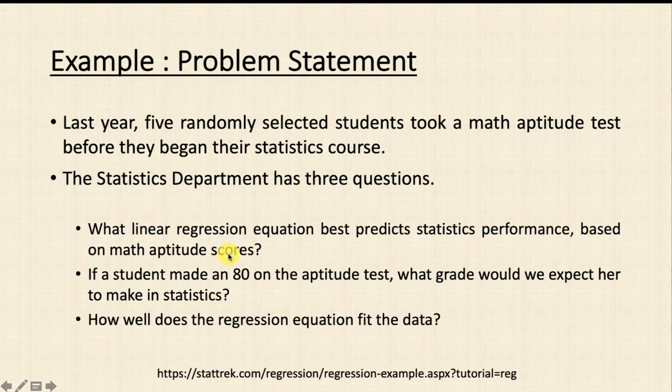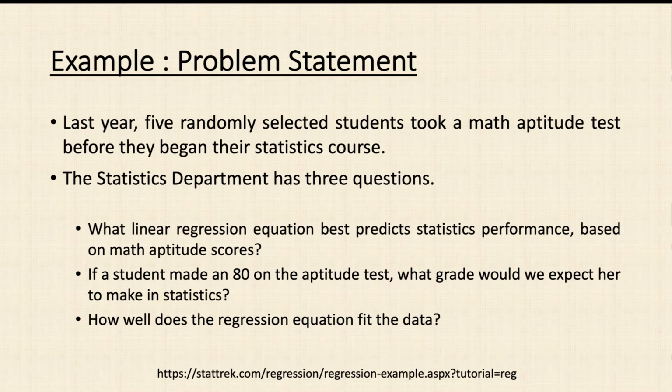This is our first question. The second question: if a student made an 80 on the aptitude test, what grade would we expect her to make in statistics? And the third one is, how well does the regression equation fit the data? We are going to solve these three kinds of questions in this example.